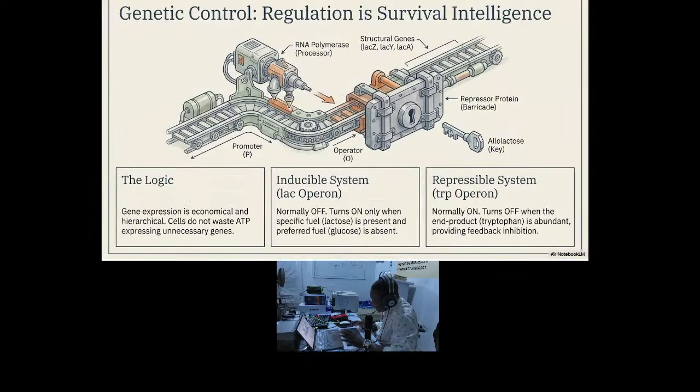All the cells must have a regulator, that is gene control. That's the reason why you must see this as an example. This region is called a promoter region, this region is called the operator region, and this is the master key, and this is a repressor, which is a protein. These are the structural proteins, like Z, like Y.